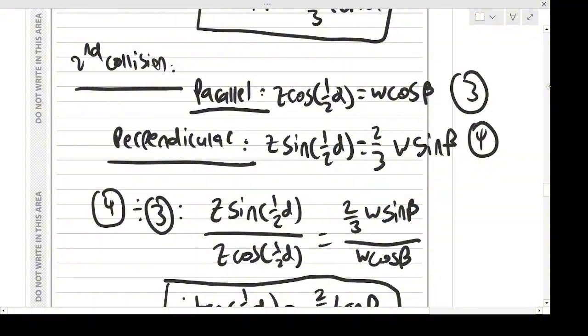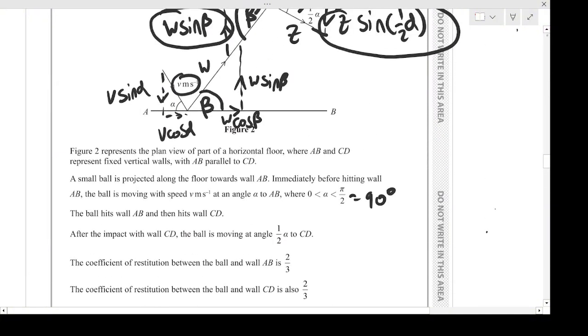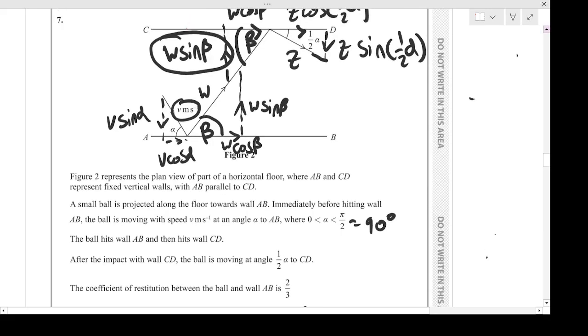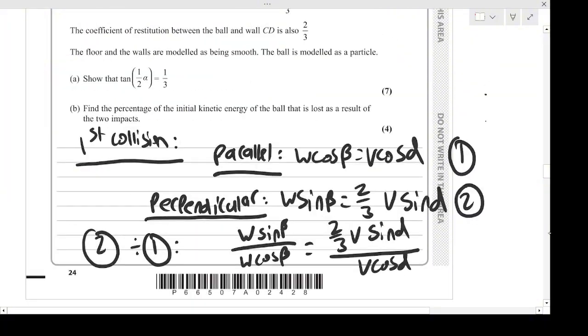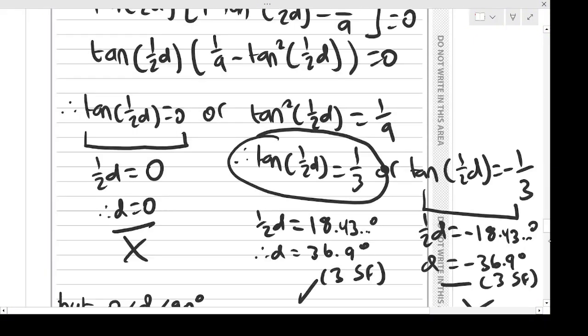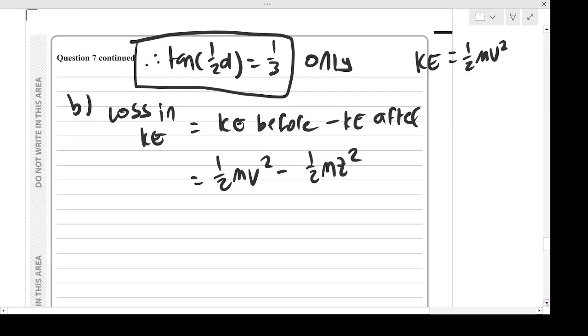So what's the speed at the end? It's the z, right? This z here, that's the speed at the end of the last collision, right? So there we are. So it's going to be half mz squared at the end. And there we are. So I can factor that out if you want to be a half m of v squared take away z squared.